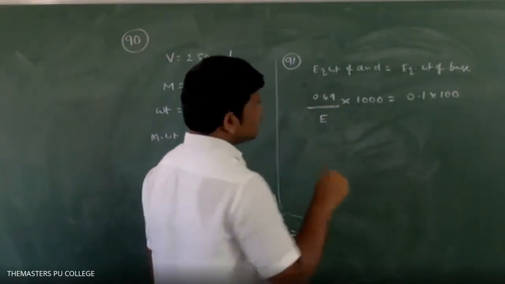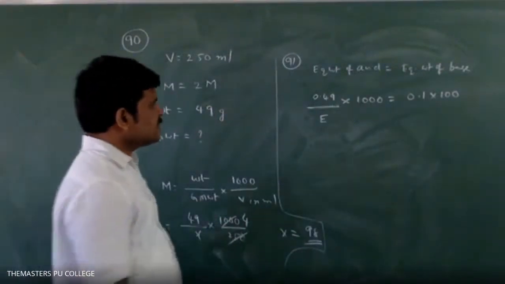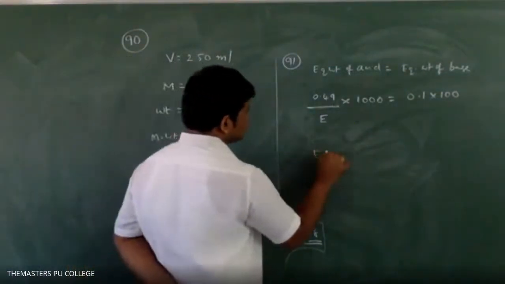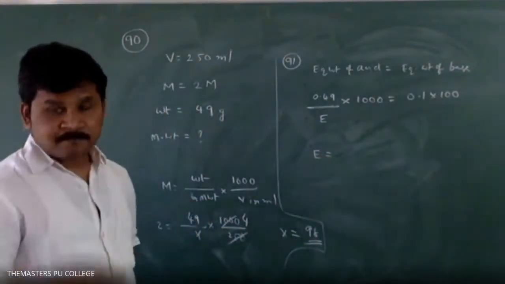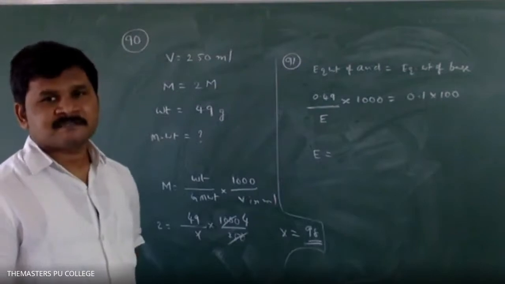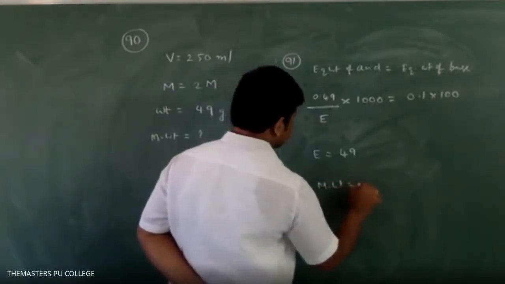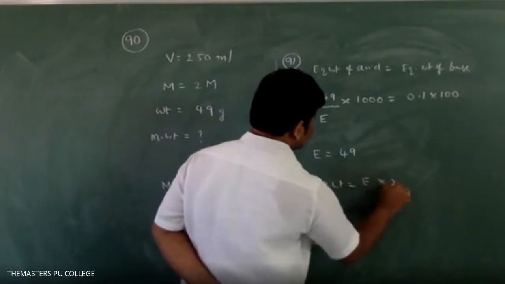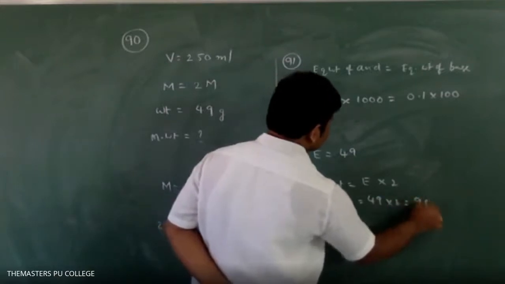By equivalent weight we don't know. Please solve E. E is equal to how much? 49. So molecular weight is equal to equivalent weight into 2, that is 49 into 2, equal to 98.